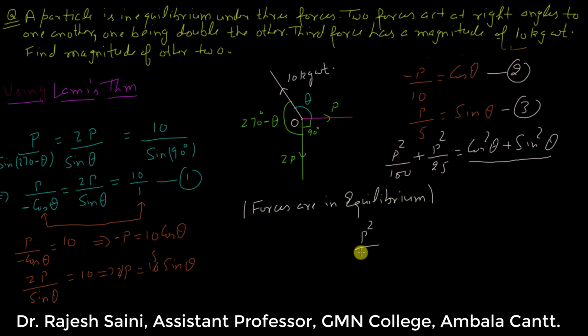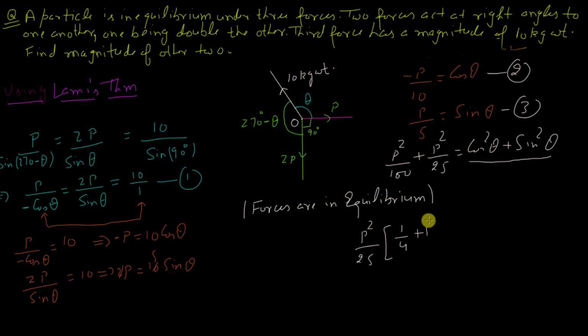Here P square is common, 25 is common, so 1 by 4 plus 1 is equal to 1. This implies that P square by 25 into 5 by 4 is equal to 1. This will go on 5.